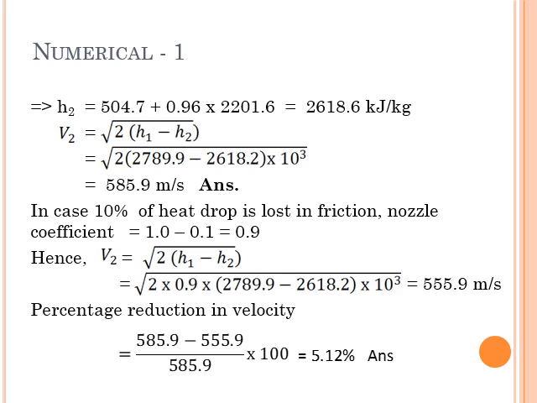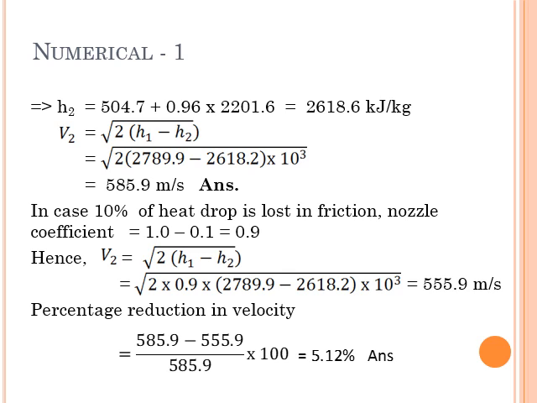This multiplication factor comes into picture because we have to find out velocity in terms of meter per second, and that requires enthalpy in terms of joules per kilogram. So given values in kilojoules have to be multiplied by 10 raised to the power 3. Solving the expression, we find out V2 equal to 585.9 meter per second, and that gives our first answer.